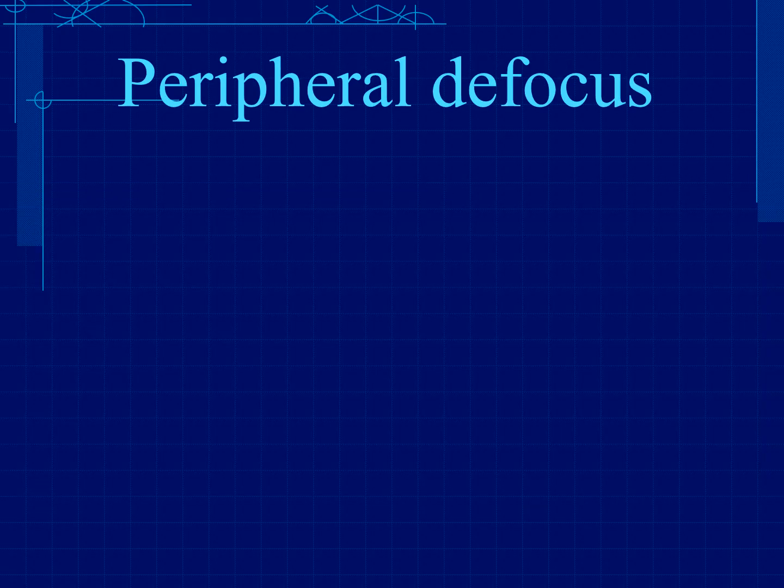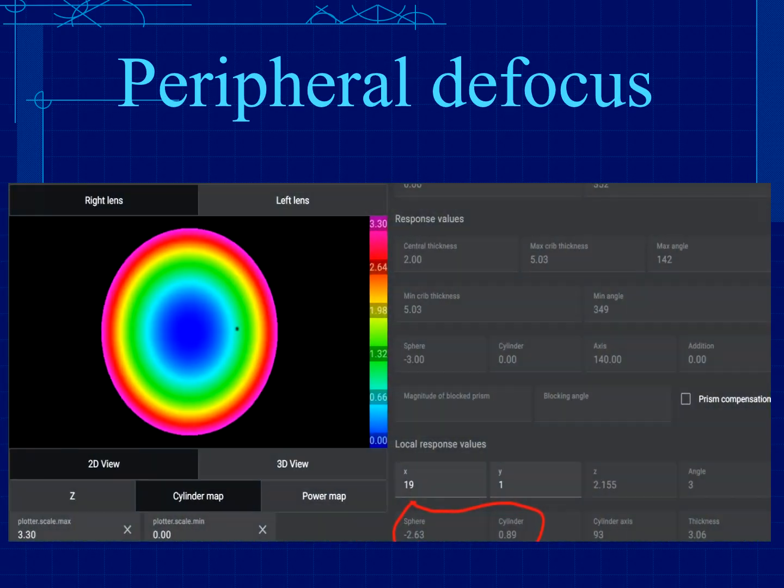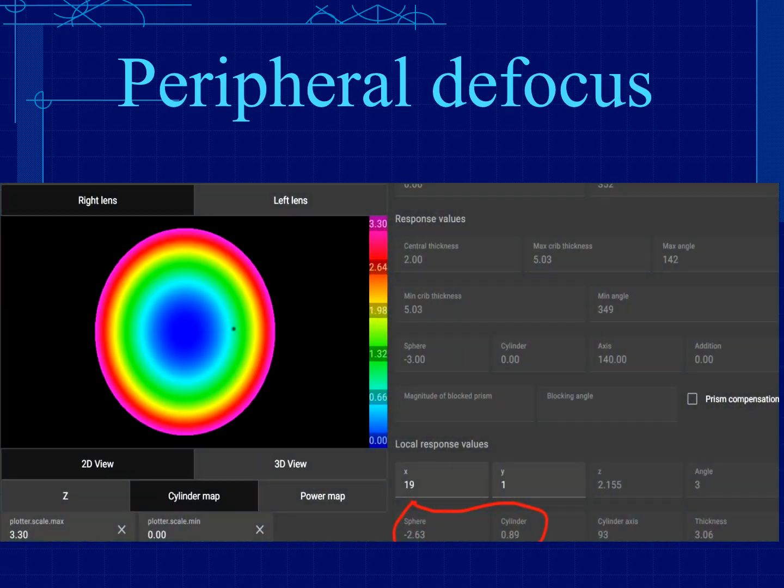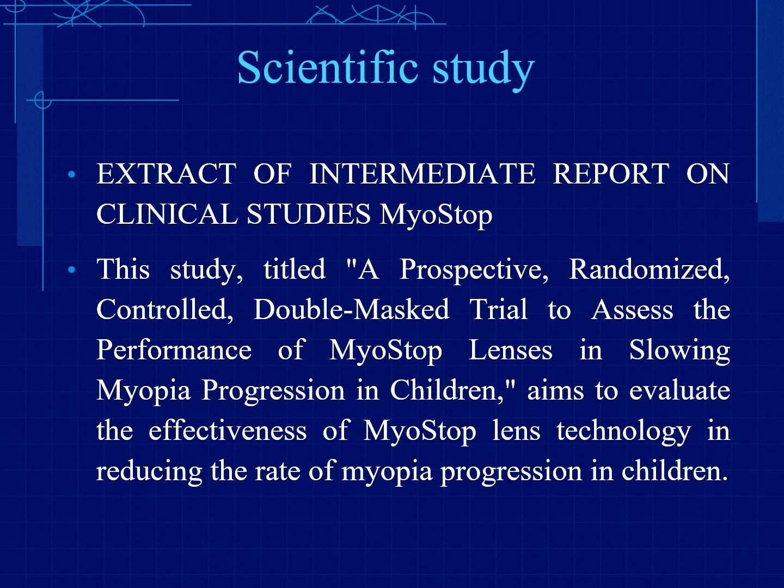For the peripheral or intermediate part, the power gradually decreases, to minus 2.63, a little bit less, but with a little cylinder added. It means the peripheral defocus would be more focused on the retina in this situation.